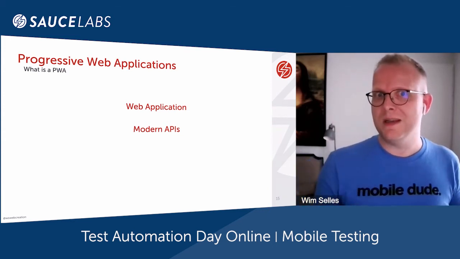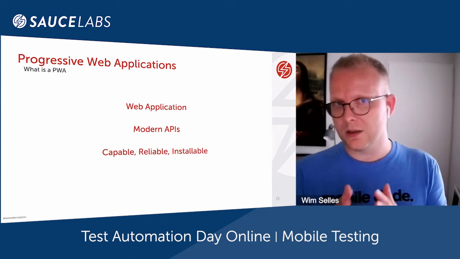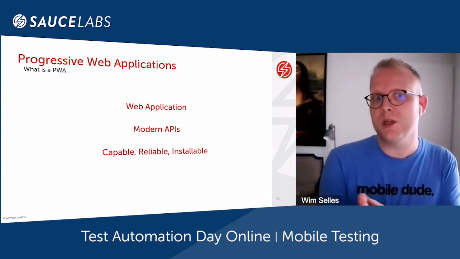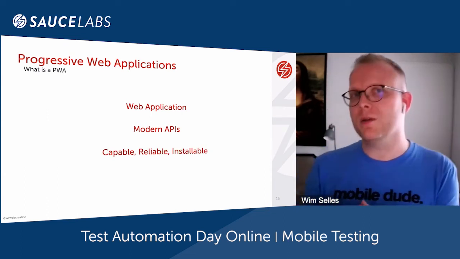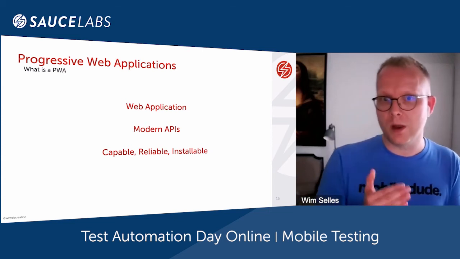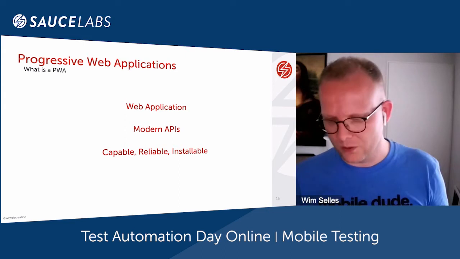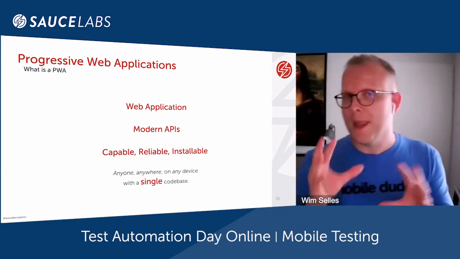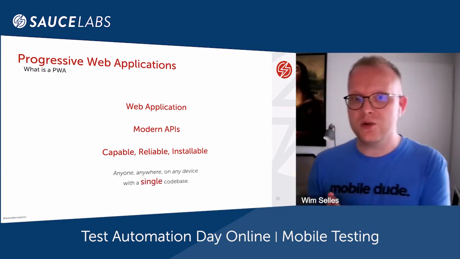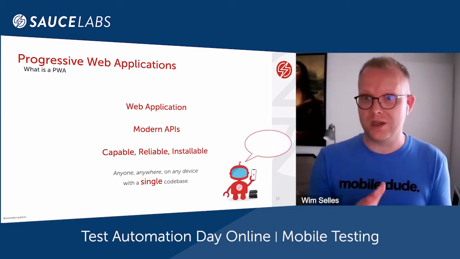So that's really nice. And PWAs have three pillars: they're capable, reliable, and installable. Let's dive into those three pillars. Oh yeah, and last but not least, anyone can use it anywhere on any device with a single code base.